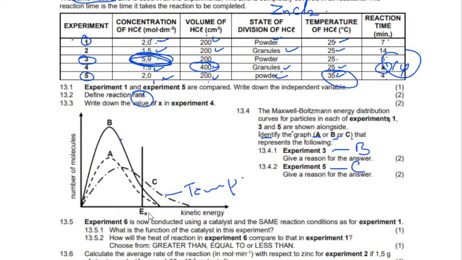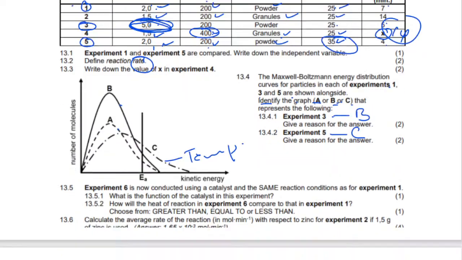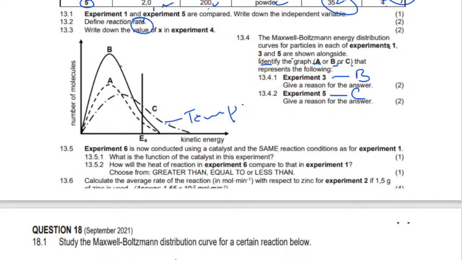So that now the reaction can happen, more will form products. Why? Because the energy those particles have is more than the activation energy. So more particles will become products. Do you see how these questions are a little bit tricky? Because they're not straight out, people tend to lose it.